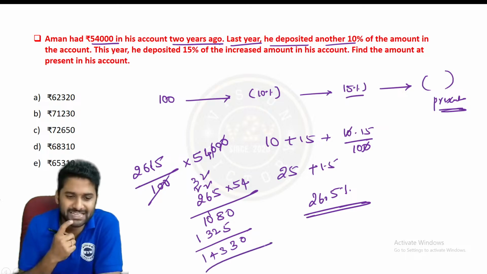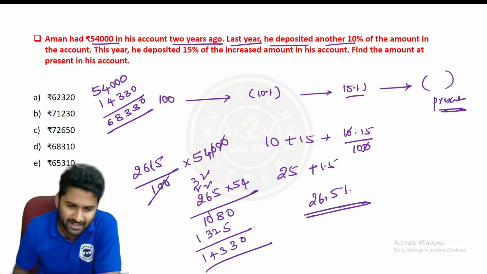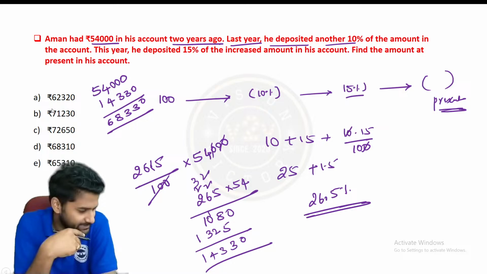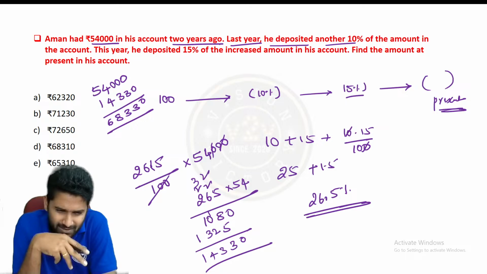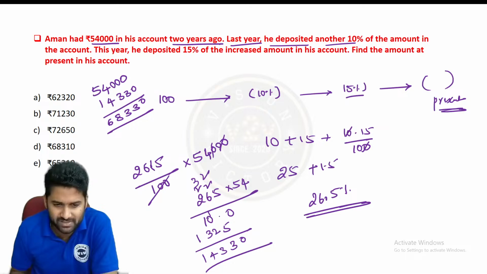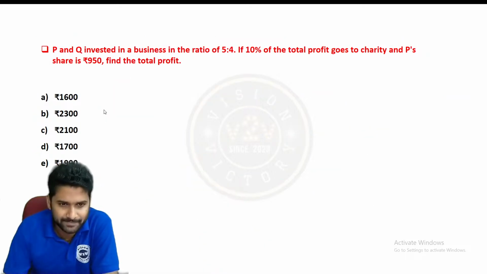So a total of 14,330 is increased. So the total amount is 54,000 and 14,330. Now the total value becomes 68,330. Let me check with the calculation. We can't see it. Maybe it's 310 or 330. Sorry, it's like 1060. So 68,320. Next.